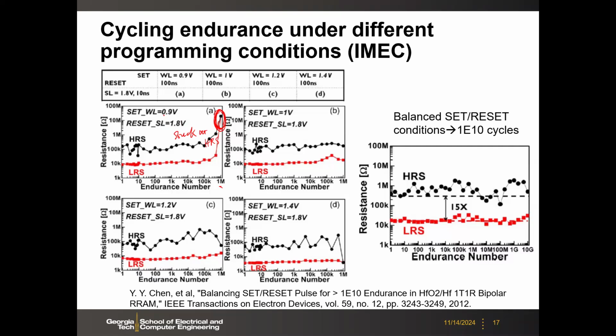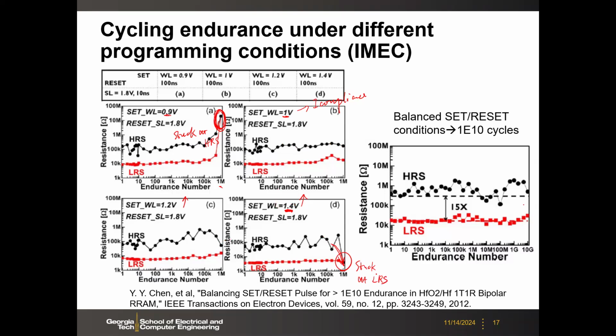Then as you ramp up the set condition, let's say the set voltage, actually this one decides the compliance current. As you increase the word line voltage, which is the gate voltage of the access transistor, you are going to increase this current. So you see that the resistance tends to go down eventually. For example, for this strongest condition, the eventual failure state is stuck at the low resistance state, LRS, right?